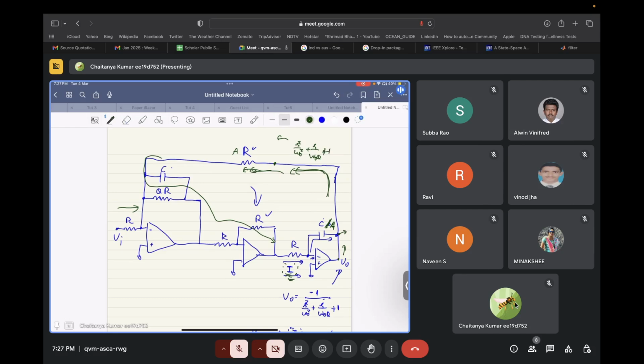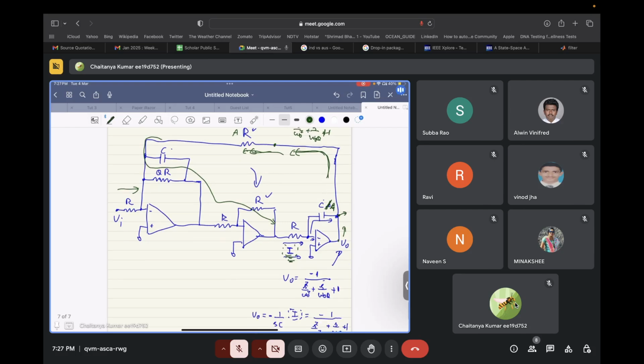Now, since the voltage has increased by A, the resistance also has increased by A. So the current is still minus 1 by R times S square by omega naught square plus S by omega naught Q plus 1. And hence, since this current is the same, whatever current is flowing in this direction will also remain unchanged, and hence this I will remain unchanged. Is it clear?